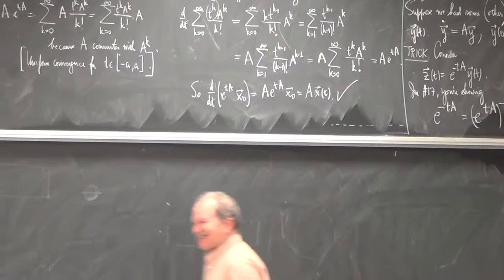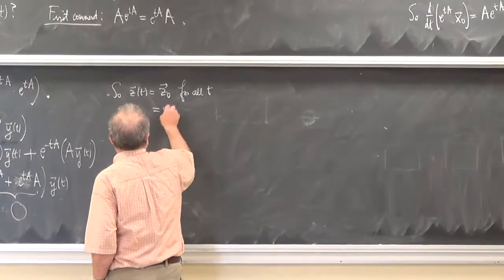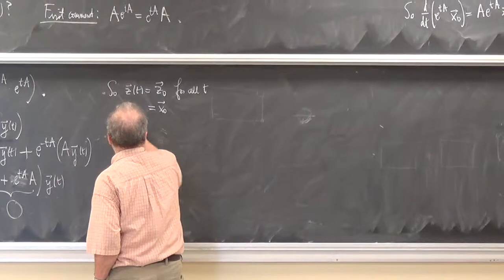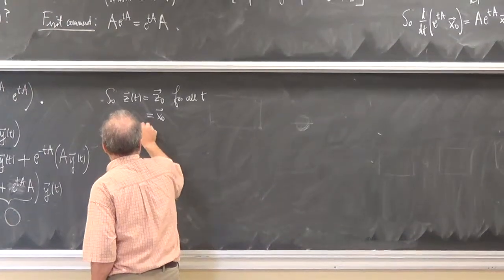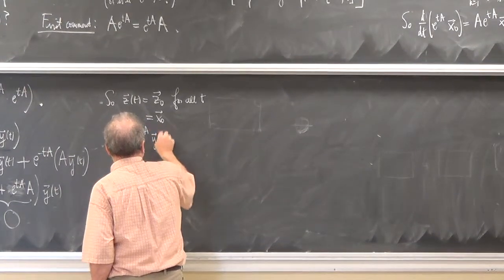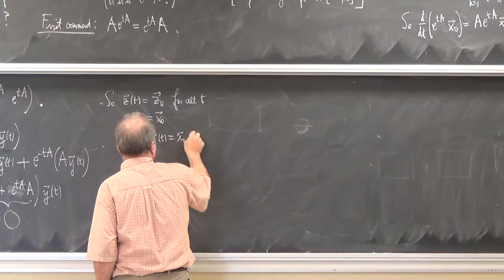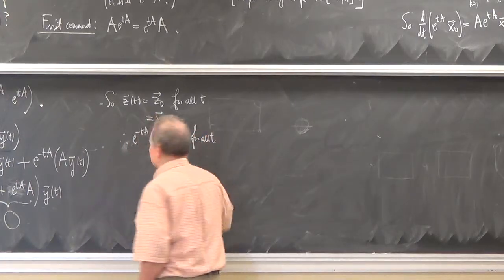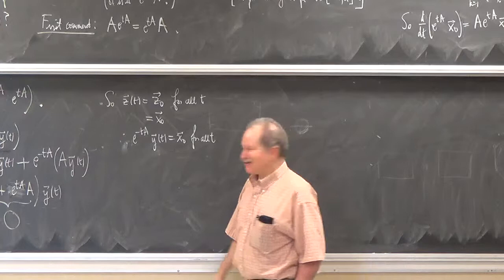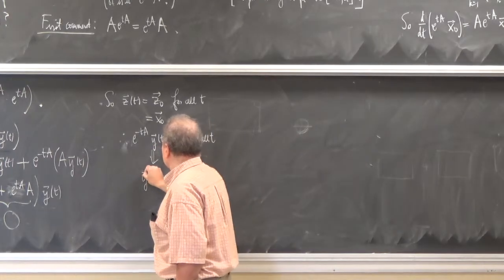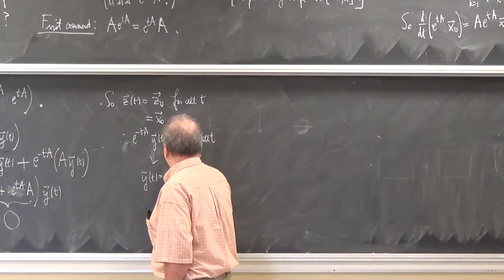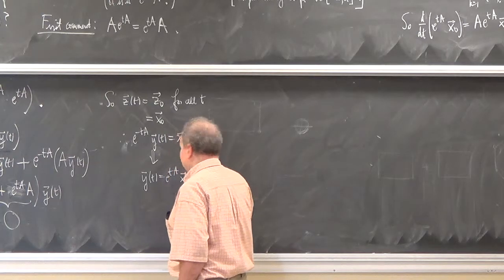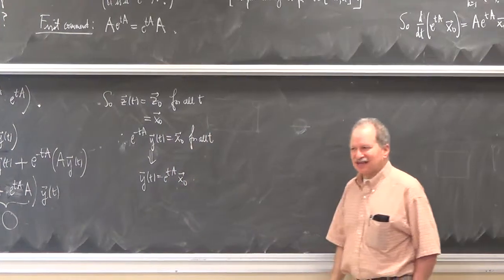It's x naught. Therefore, e to the negative ta times y of t is x naught for all t. And we're done. So y has to be of the form that we had originally guessed. Therefore, that's the only solution.